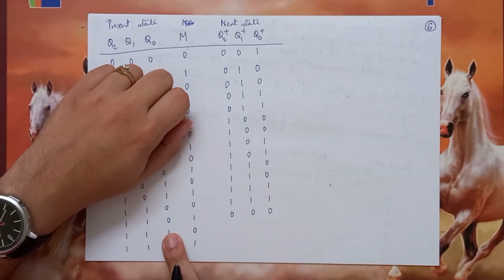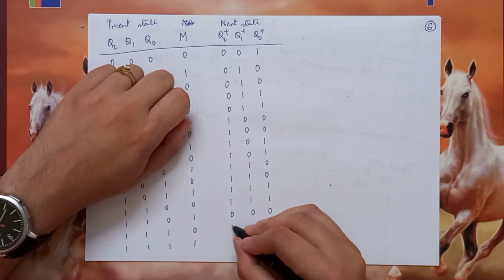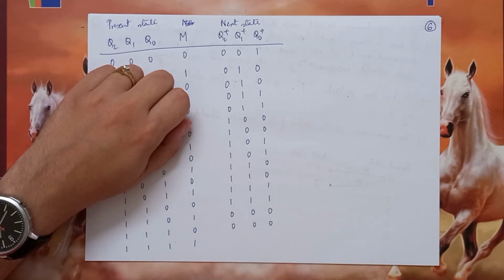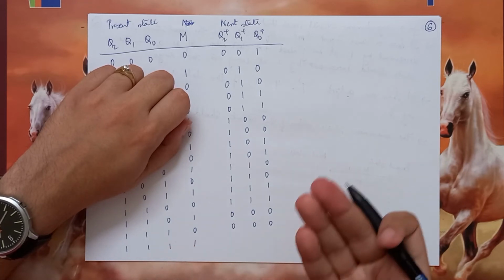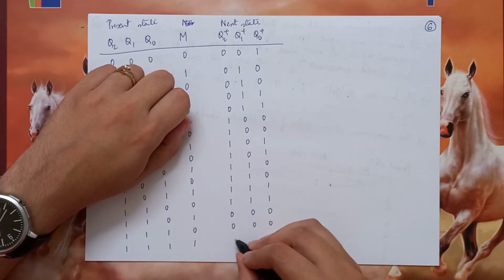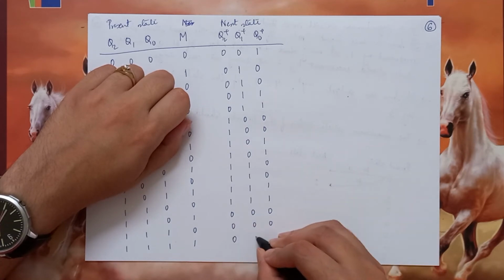Similarly, if there is 7 and M is 0, 7 plus 1 would again make the next state 0, because that is how counting works. But if the present state is 7 and M is 1, we need to increment by 2. So therefore 7, 0 and 1. So it will be 0, 0, 1.